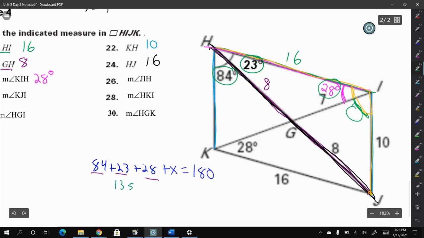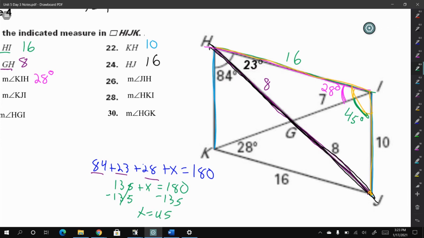So 135 plus x equals 180. Subtract 135 from both sides. X is 45. So this smaller angle right here is 45 degrees. So now that whole angle, that orange angle that I have, is going to be 45 plus 28, or 73 degrees.